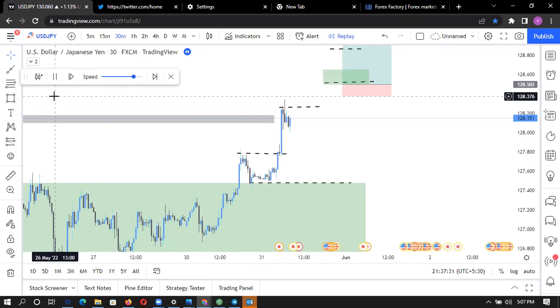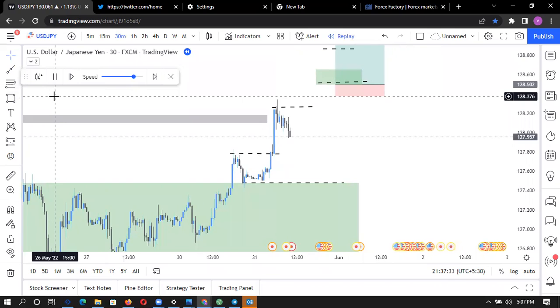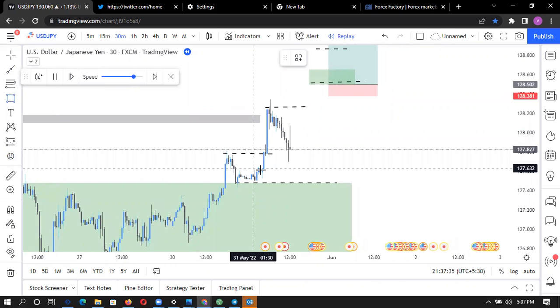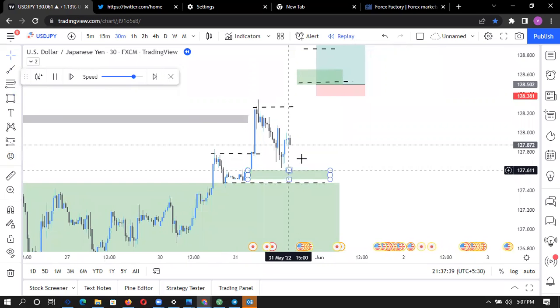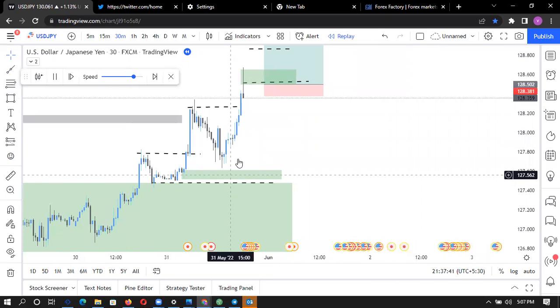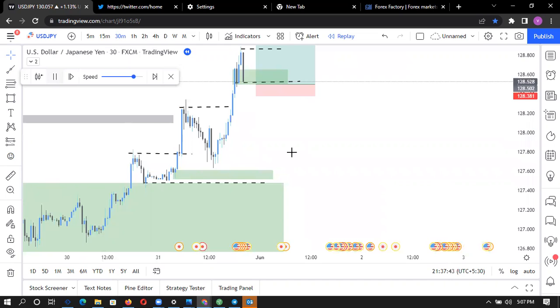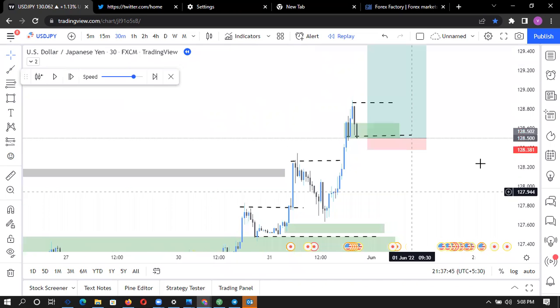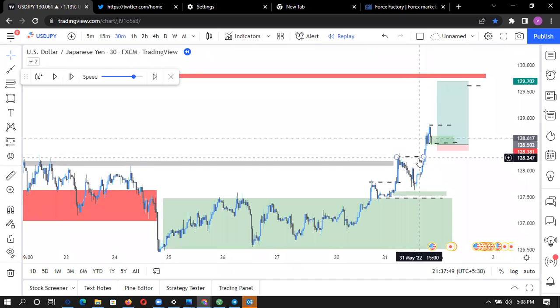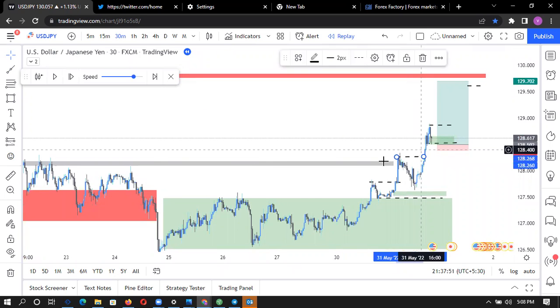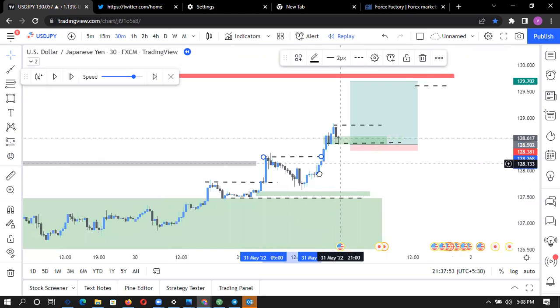So I was already waiting on how to get an entry. My first entry was supposed to be here, but you can see the price didn't come down here and just moved and continued bullish. So I confirmed the bull when the price broke the previous structure to the upside and was creating a retest here, creating an OB.